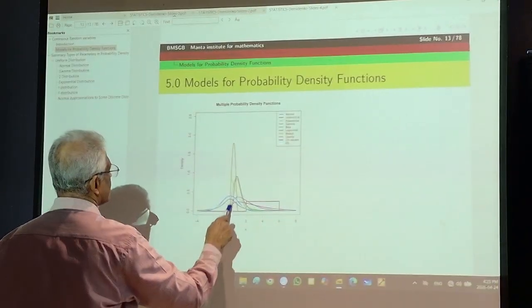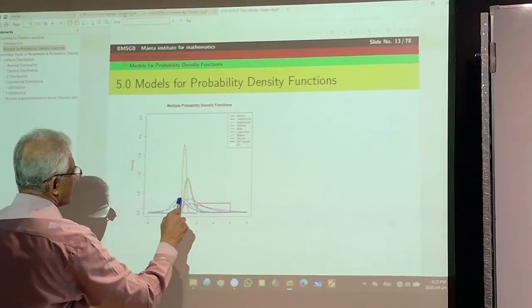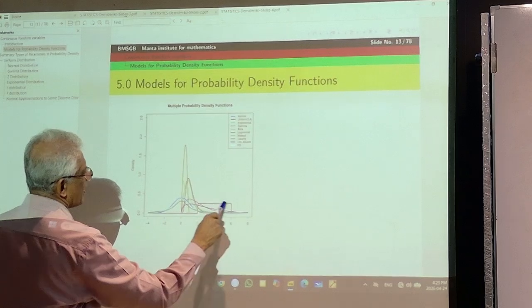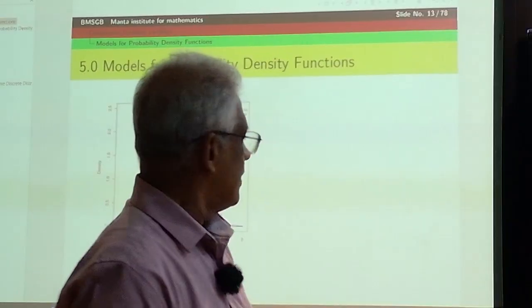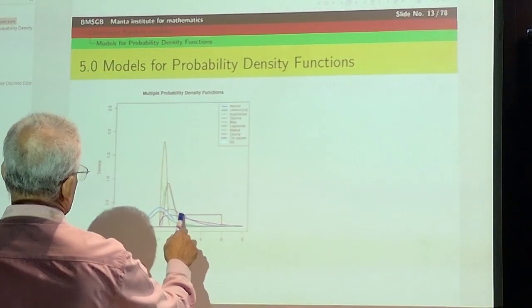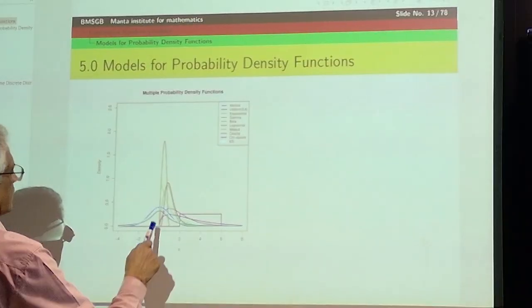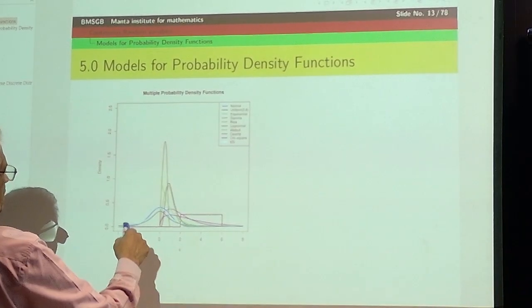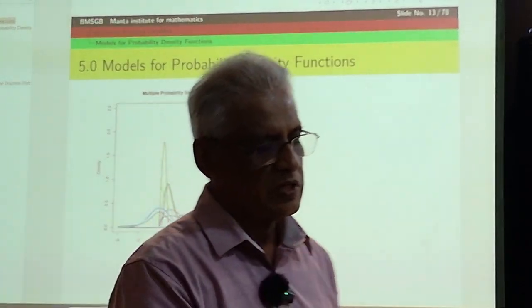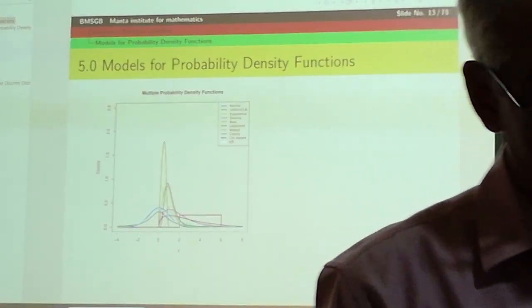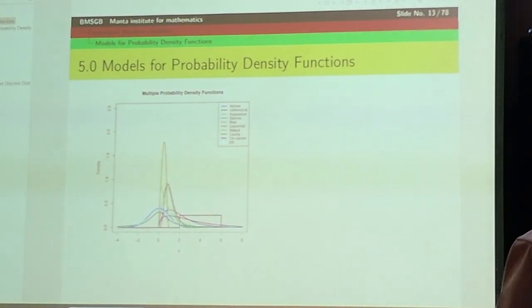So the area under this curve is the same as the area under this curve, always 1. This one is called the uniform distribution. This is the beta distribution. There is the normal distribution, the T distribution, the Cauchy distribution, and so on. We are going to learn some of them and their properties now.